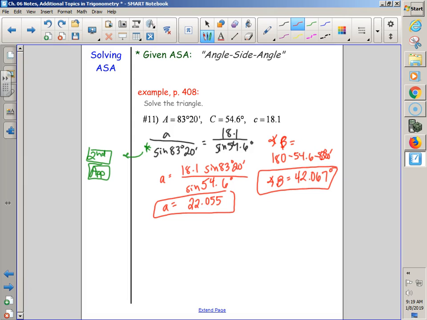What's the last piece we're missing? We have capital A, little a, capital C, little c. We have capital B, we're missing little b. I'm not going to show you my work.